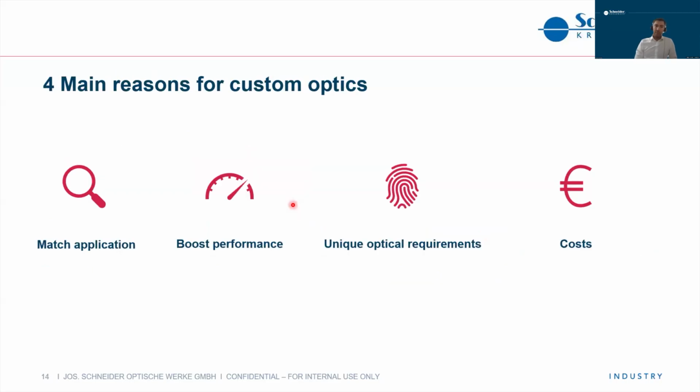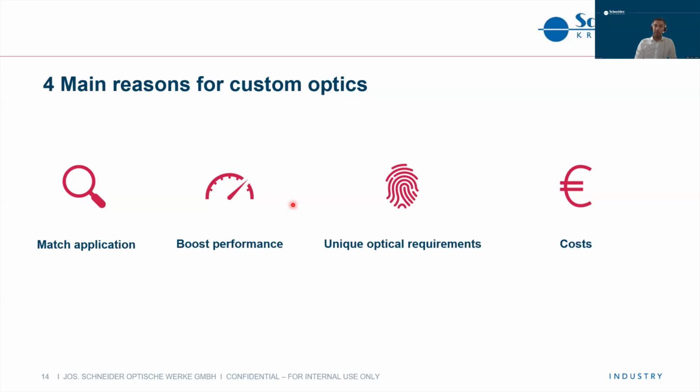So the main reason why we make a custom lens. First is to match the application either mechanically or optically to boost the performance. The customer already tried a lens and he needs more performance and we can improve on this lens. Or it's a very unique requirement.